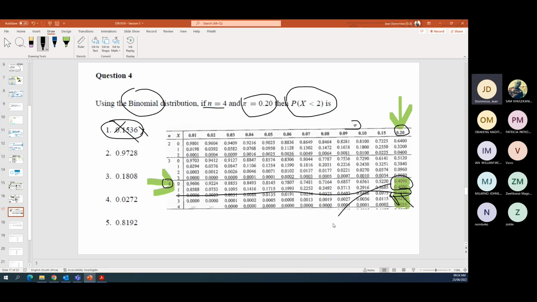Basically the answer to this is 0.4096, and it is actually times 2, so it would have been 0.8192, which is option 5. Very easily one can make the mistake by looking at x equal to 2. You see that number, you pick it, it's the first one, you go on to the next question, but actually you read the question a bit wrong.